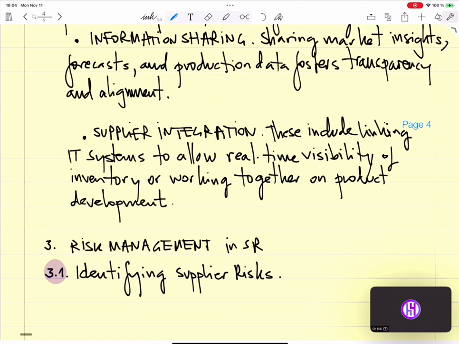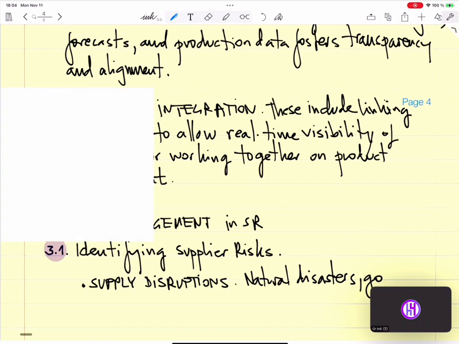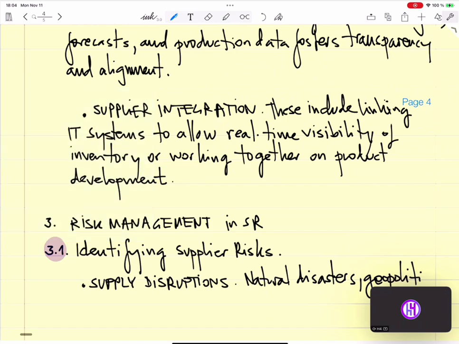They include supply disruptions, natural disasters, geopolitical events, labor strikes, and so on.